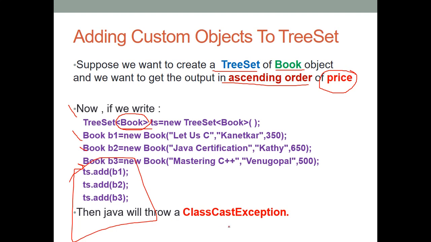Then Java will throw a ClassCastException. Why? Because Book is your class, and TreeSet has a requirement: if you want to store an object in a TreeSet, the class of the object must implement the Comparable interface. Otherwise, the exception will be thrown.